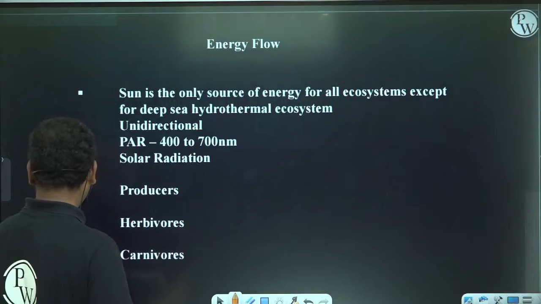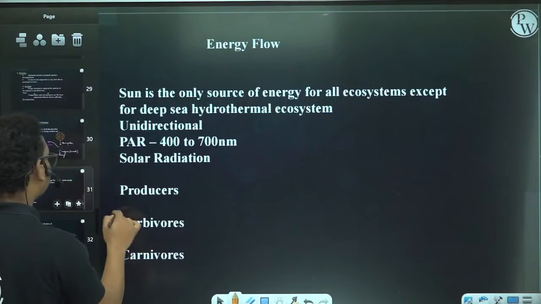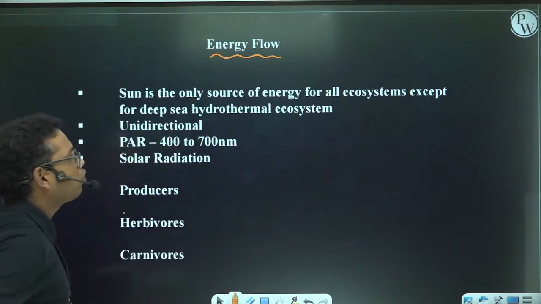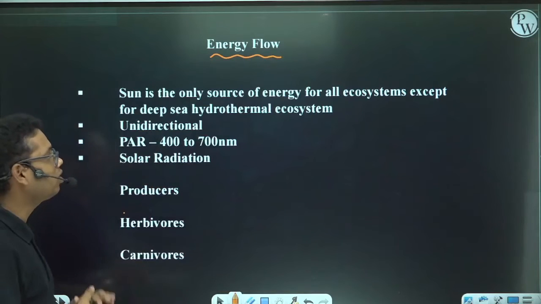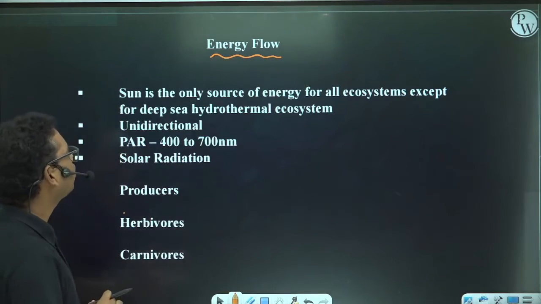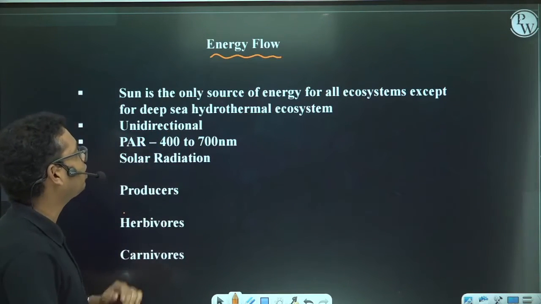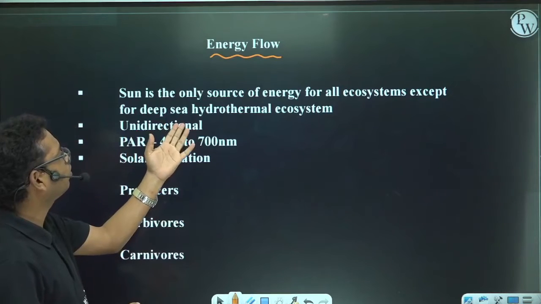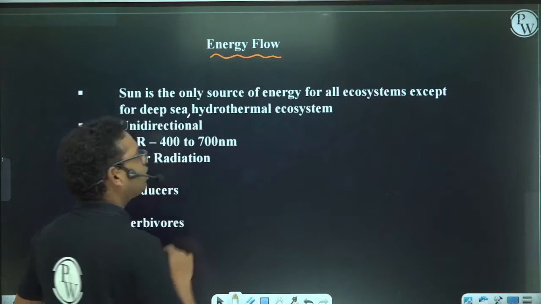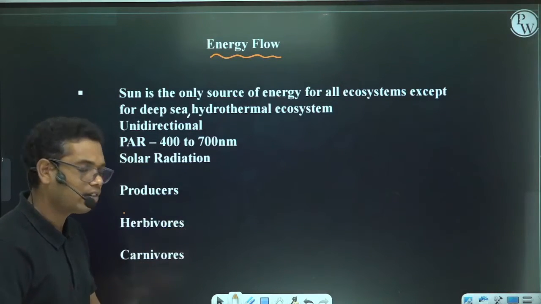Now let us try to understand another topic, that is energy flow. For all ecosystems, the ultimate source of energy is the sun, except deep sea hydrothermal ecosystems. There, the sun is not the source of energy.